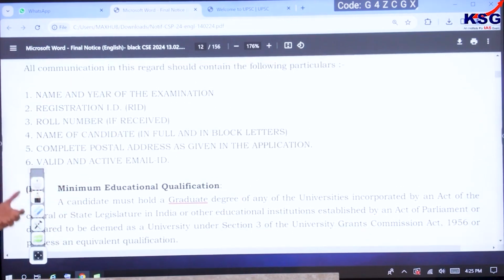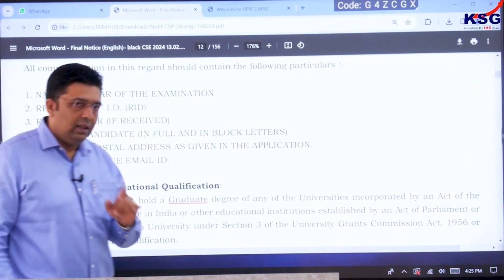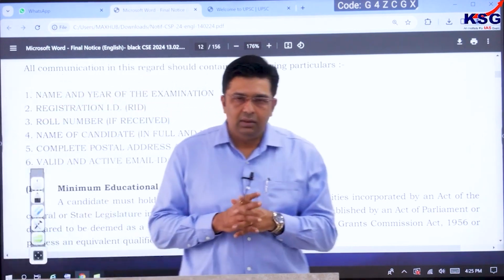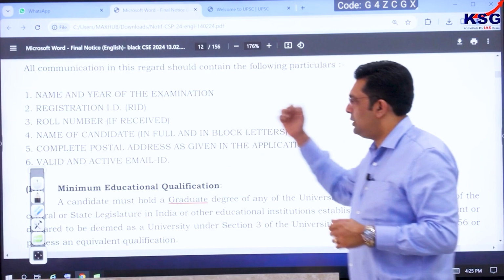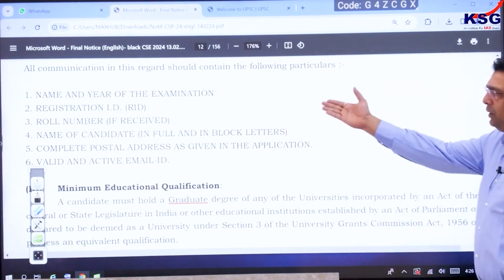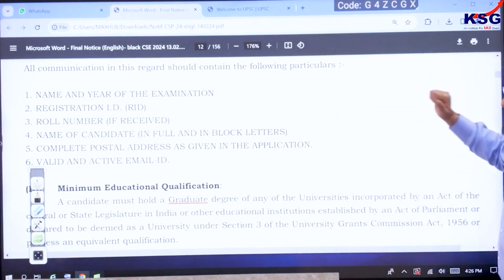If at all you want to go in for any kind of representation, अगर आपको UPSC से communicate करना है, so make sure that आप ये सारी डिटेल के साथ ही UPSC से contact करेंगे. Okay, so you can pause the video and look into the details. If at all there is an error and you would like to communicate with the UPSC, then आपके लिए ये चीजें भी important हैं. Okay, so make sure आप registration number भी अपना save करके रखें.